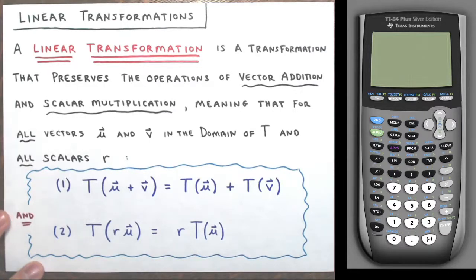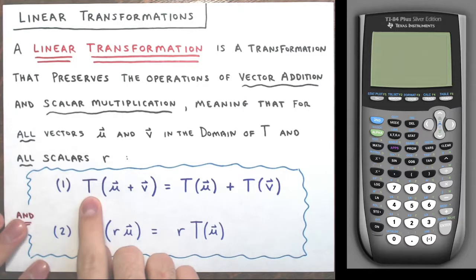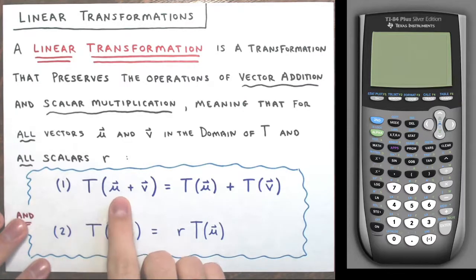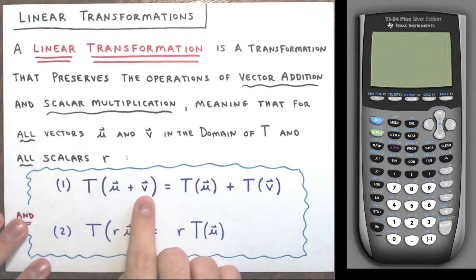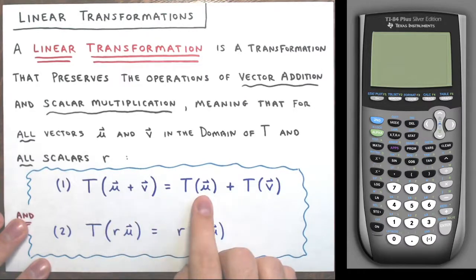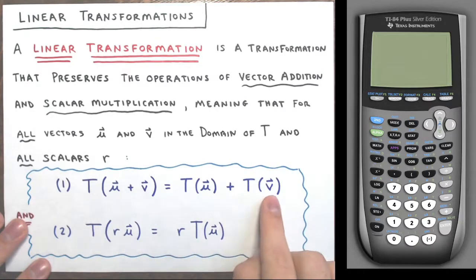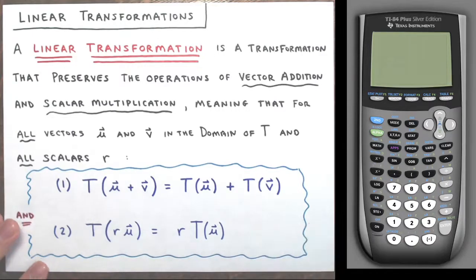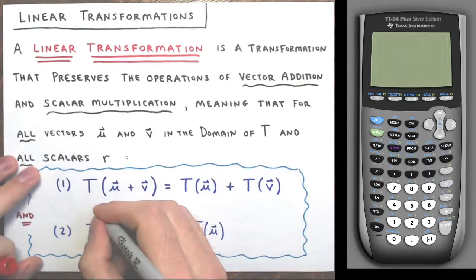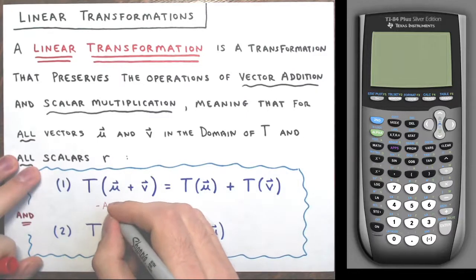The following properties hold. One, and this is what I mean by preserving vector addition, the image of u plus v is equal to the image of u plus the image of v. And this is called in some texts the additivity property.